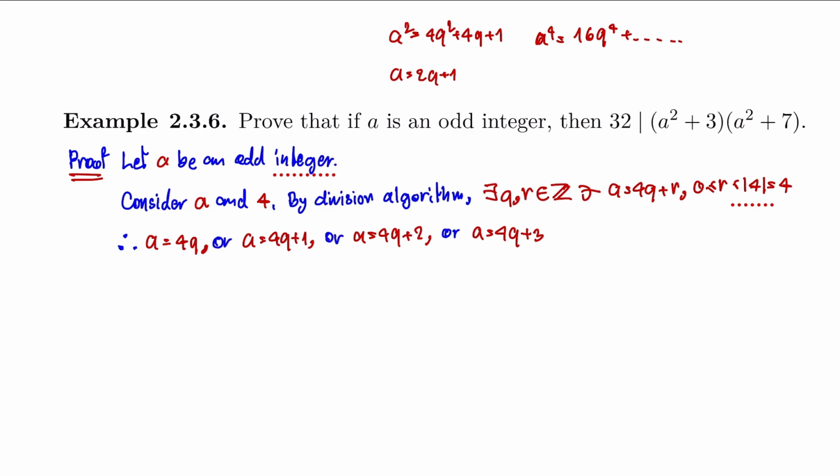So we need to choose a so that a is odd, which is this one and this one.